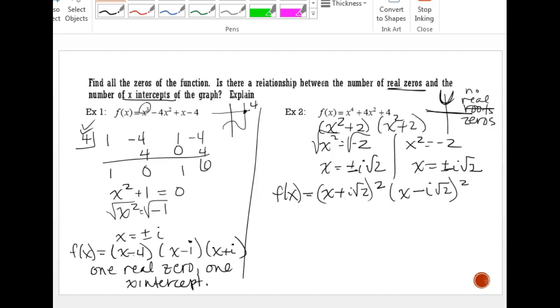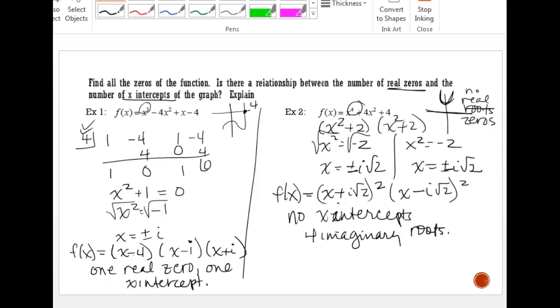So they're both double roots. There's my factorization. Now let's think. There are no x-intercepts and I have 4 imaginary roots. I should have 4 roots because the power is 4 on the equation. So connect it to the graph. It doesn't cross the x-axis. That means all 4 roots have to be imaginary.